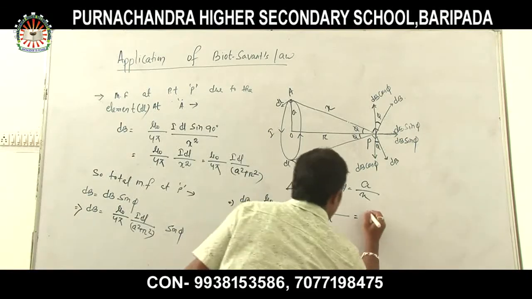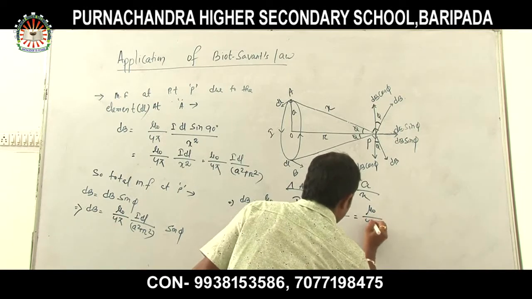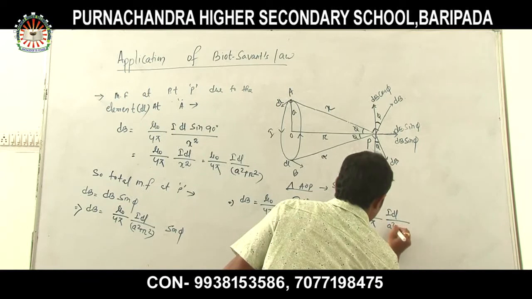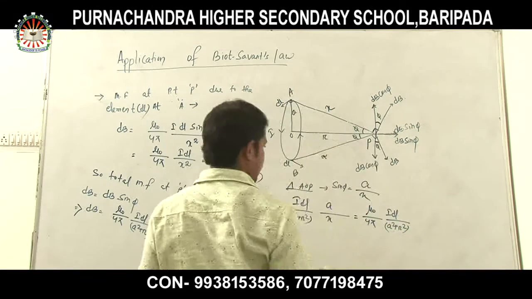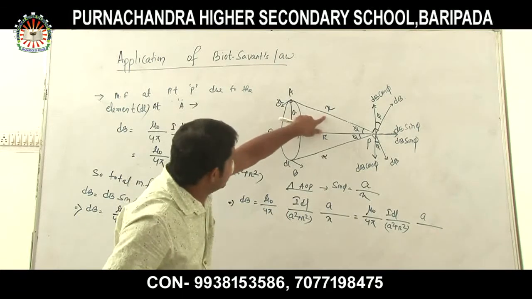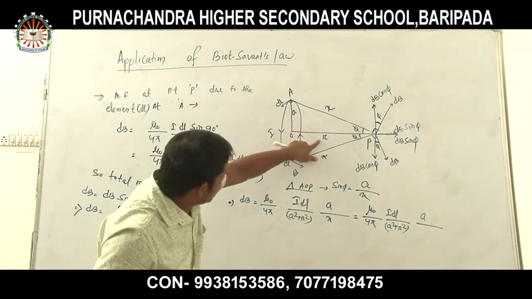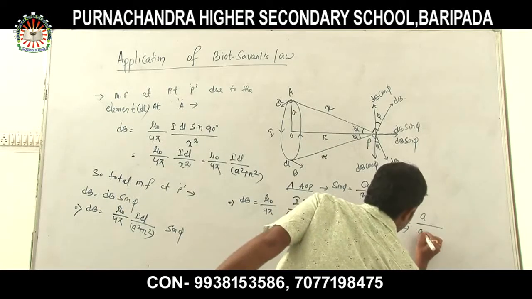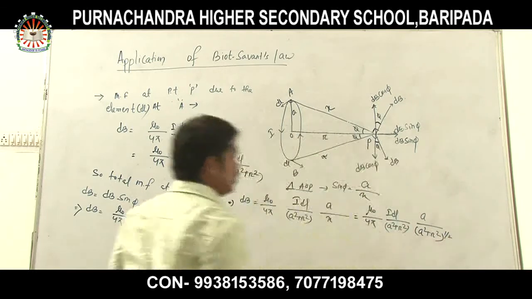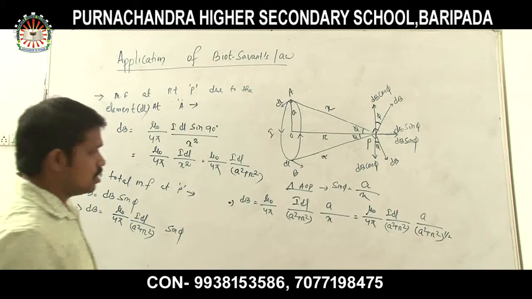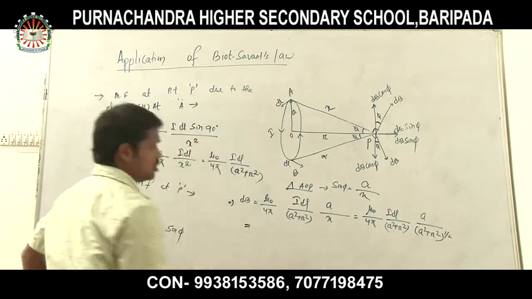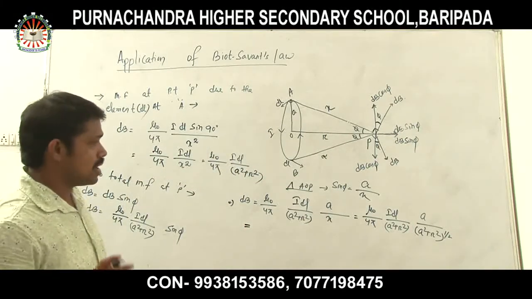Now what is the value of x? x is a square plus r square, root over, which means to the power 1 by 2. Understood? Clear all of you? Okay, all of you look at the derivation very carefully. So this is a square plus r square to the power 1 by 2.